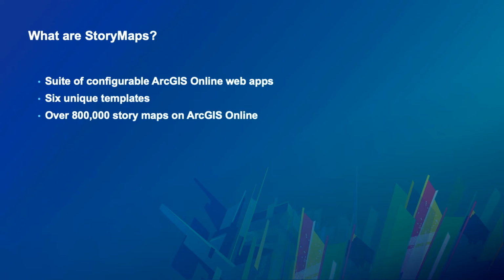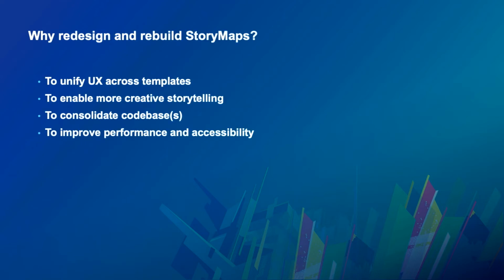But at the same time, for a while now, we've recognized that we want to actually rebuild and redesign the app from the ground up. And there are a few different reasons for this. The first of which is, as I just mentioned, we currently have 6 different templates, each with its own unique authoring experience, its own unique look and feel. And as an author, it's very difficult to move from one template to another, both conceptually because they're designed differently and the workflows are very different, but also functionally.